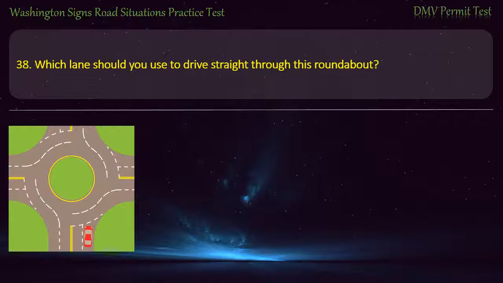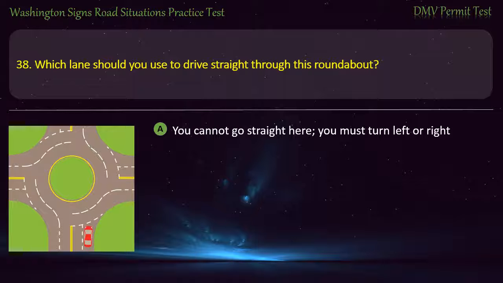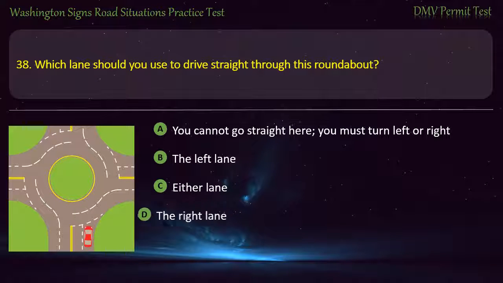Which lane should you use to drive straight through this roundabout? You cannot go straight here, you must turn left or right. The left lane. Either lane. The right lane. Answer. Either lane.